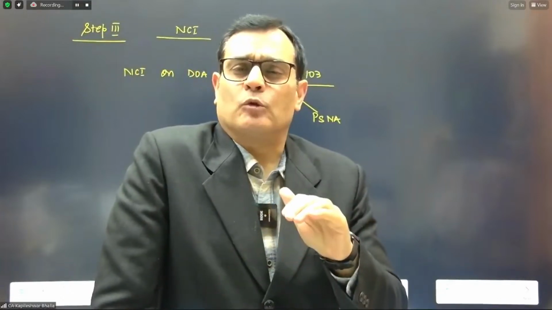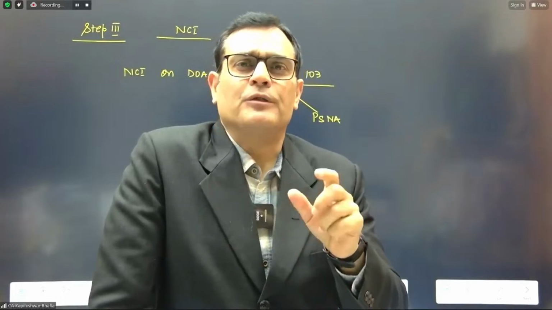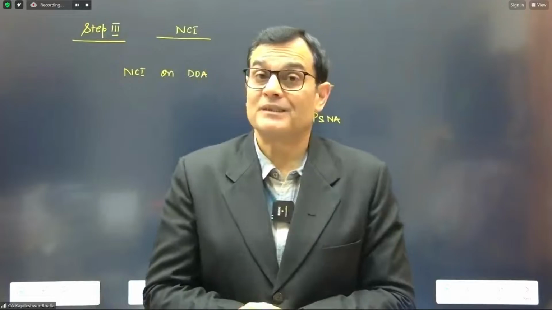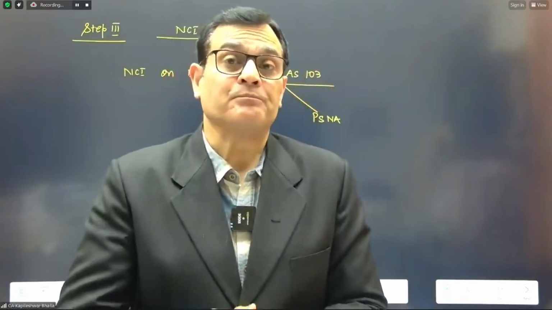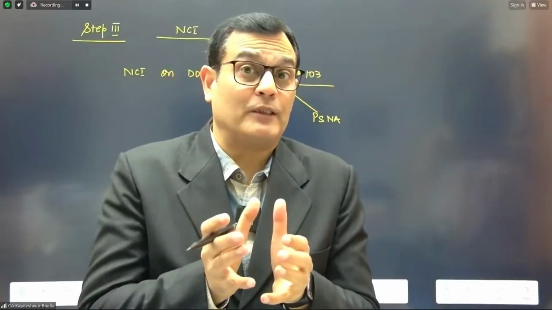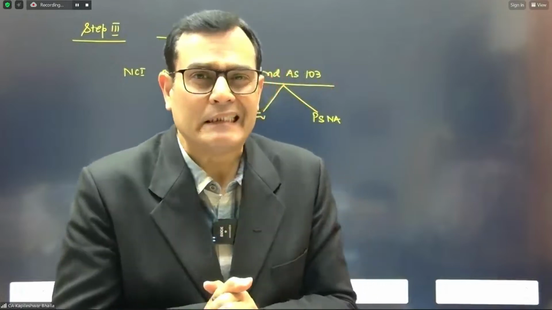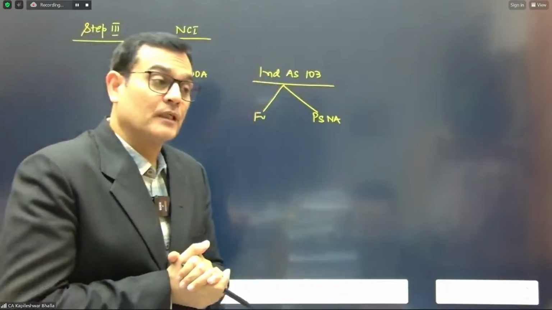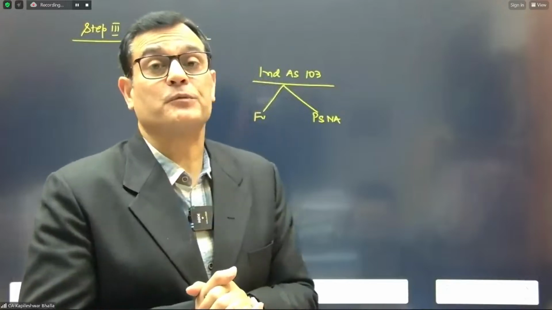I would say if the question is giving you a fair value per share of the subsidiary company, I'm not saying fair value of the parent company, if the question gives you the fair value per share for the subsidiary company, it is indicative that NCI is taken at a fair value. Otherwise, if fair value information is missing, then you need to consider PASNA.